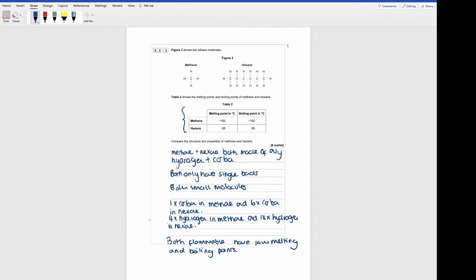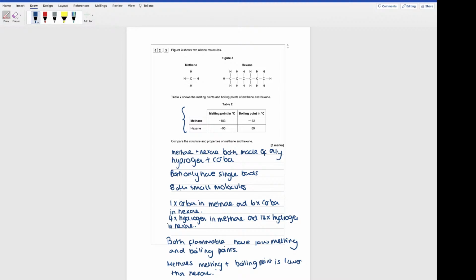Now, methane has a lower melting and boiling point than hexane. Methane's melting and boiling point is lower than hexane.